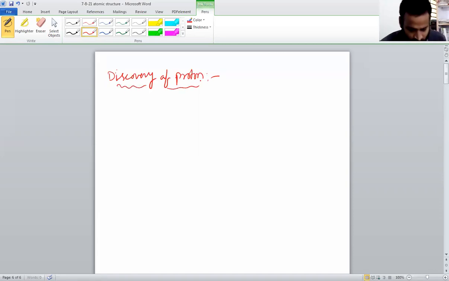How was the proton discovered? The proton was discovered in just the opposite way to cathode rays. In a discharge tube, the proton was discovered, whereas the electron was discovered by J.J. Thomson.